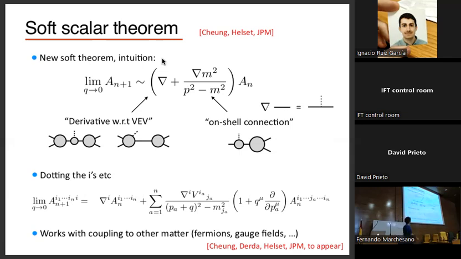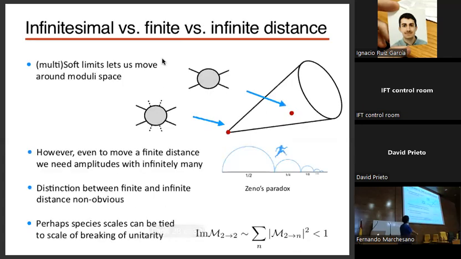And actually we can show that this works when you couple scalars to essentially anything. So we know how to relate the amplitude at some point in the moduli space to some other point through these soft limits. However, even to move a finite distance, we always need to sum over an infinite number of soft emissions.